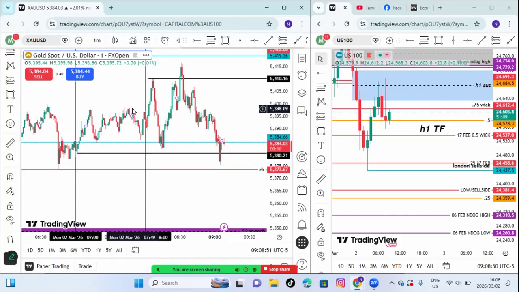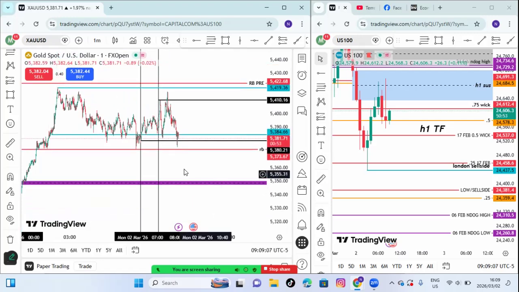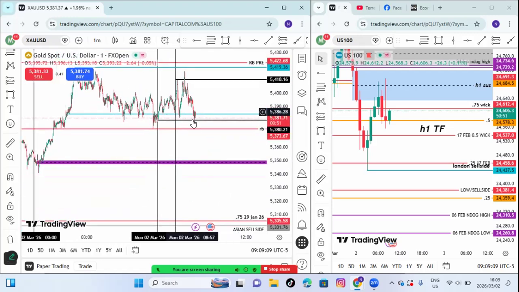So this move brought us back into that. Then now, sell here. Sell it. So are you bullish or bearish on gold? I'm bullish. So if gold's going to go lower, take out initial sell side here.